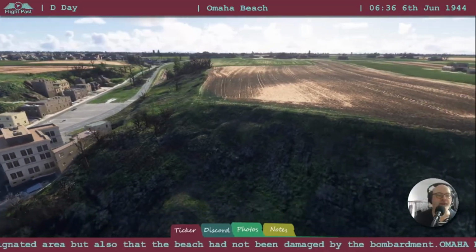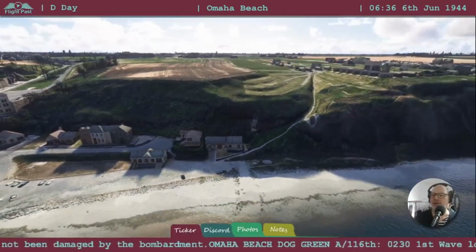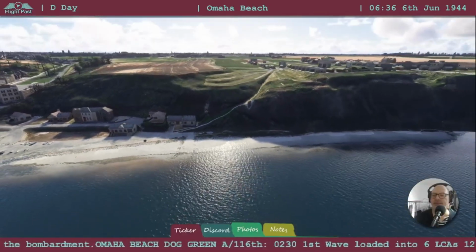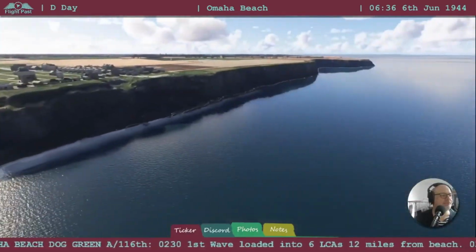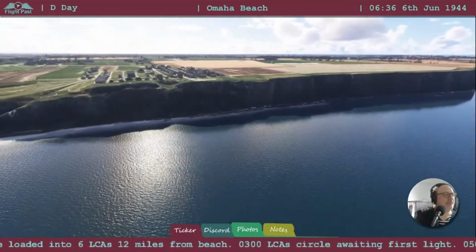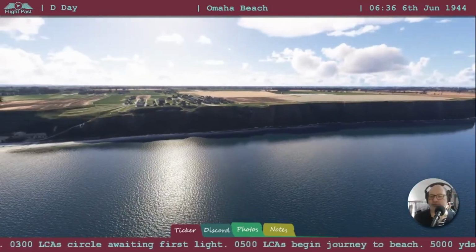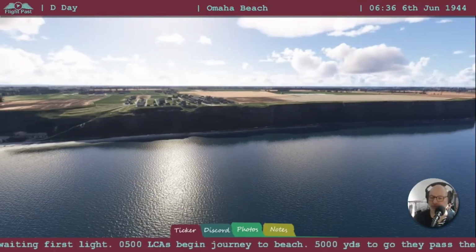This section of cliff here, and we're talking to, I believe, this little bit of a bay here. This was called Charlie sector. This is where the Rangers landed.